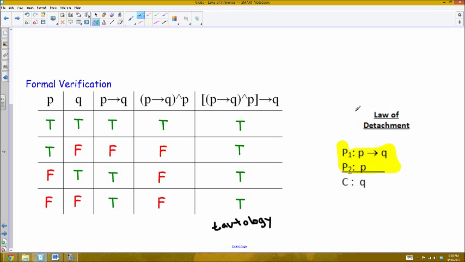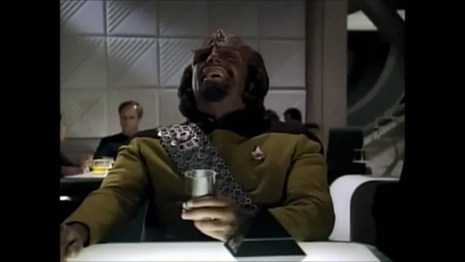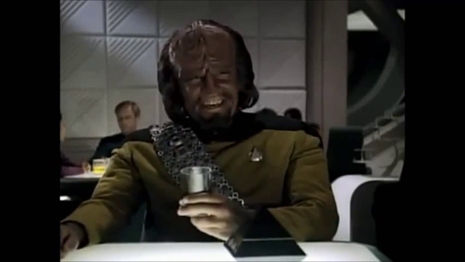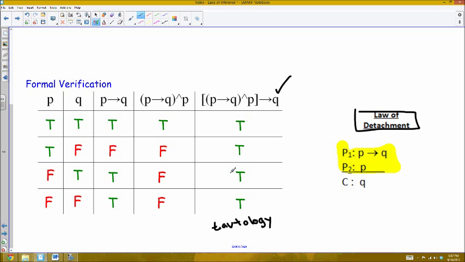Every law of inference is a tautology. This conclusion will always follow from the premise, and it is always the case that that conclusion follows from the premise. No matter what the truth values of P and Q are, this conclusion always follows from this premise. Impossible to fail. So this is the formal verification of any law of inference.